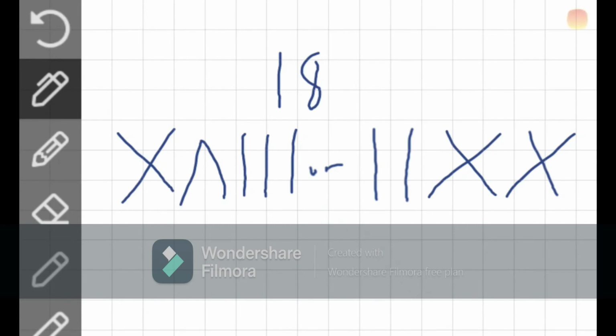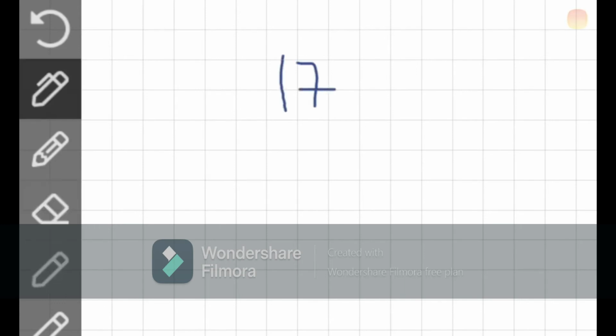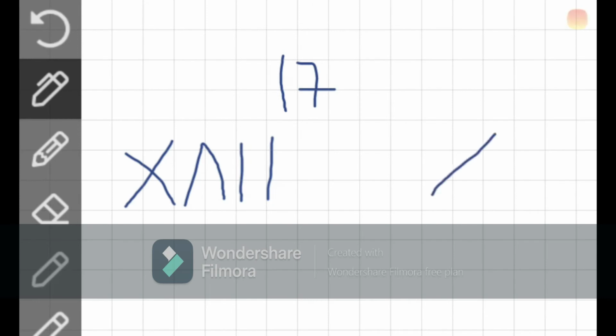But we'll give more examples for the reductive method. For 17, primitively we write 17 as 1 symbol for 10, 1 symbol for 5, and 2 symbols for 1, making it 17. But we may also use the reductive method. 2 symbols for 10, making it 20.